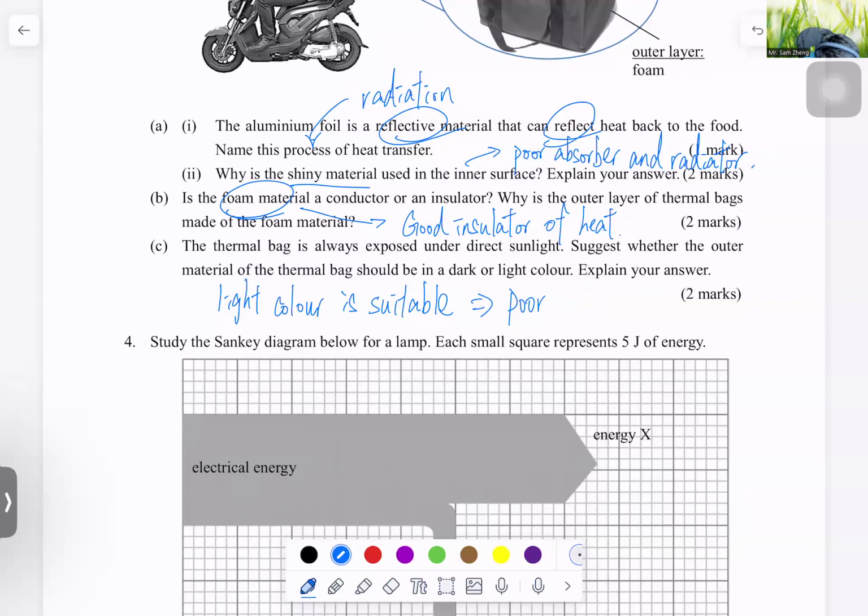Sorry, I should use a better term: poor absorber and emitter. Then in this case, it can maintain the temperature of the food for a longer time.